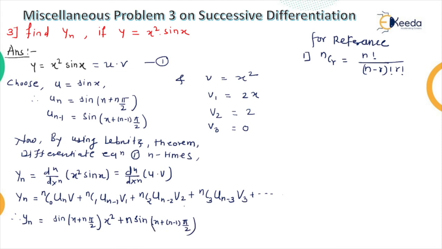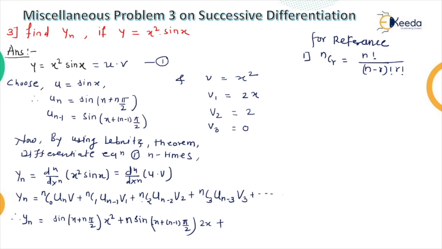At that time v1 is the first order derivative of x square, which is 2x. Now the third term I am writing here, nC2.